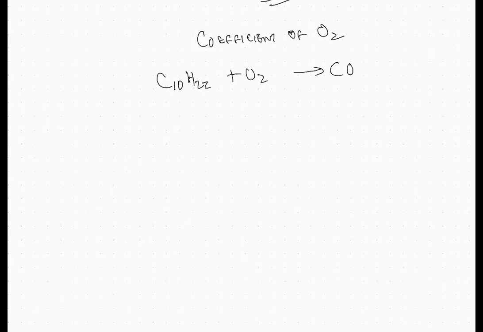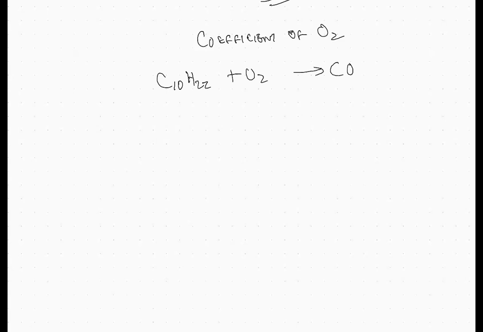Okay. Right, the questions I have here are all about coefficients. This is coefficient of oxygen. So C10H22 plus oxygen gives CO2 plus H2O. You know that whenever a hydrocarbon is burnt, this is a combustion reaction.